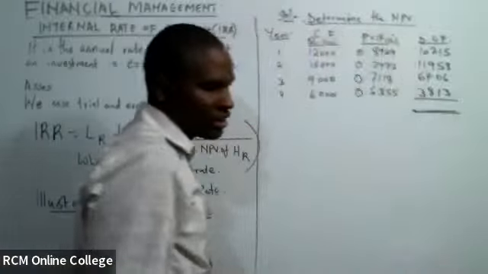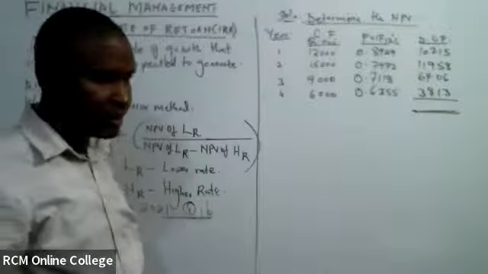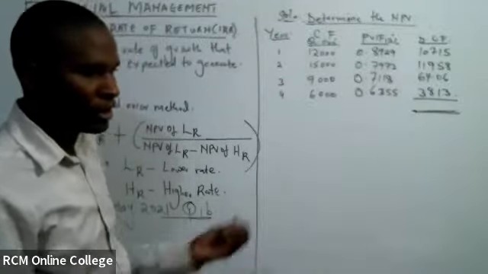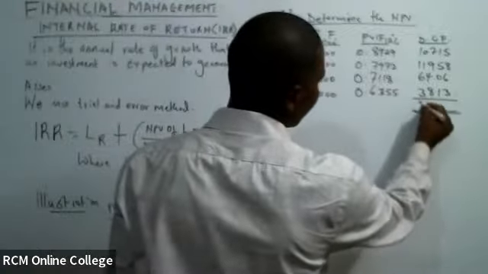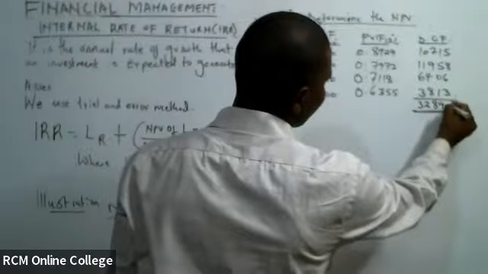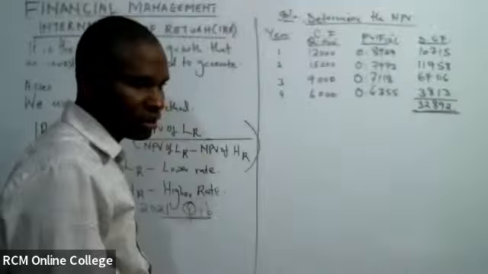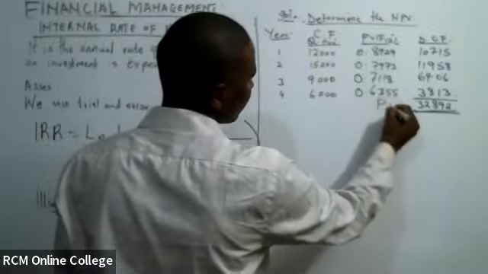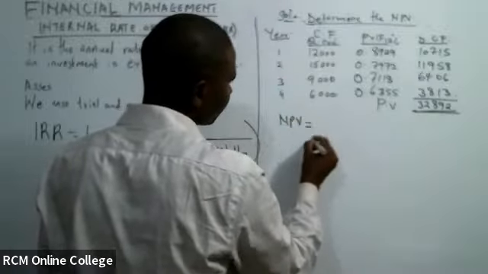Total present value, that's the key. We said speed is what we want. 32,892. Hey, that speed is amazing. Brilliant. Great. So if this is the total present value, we can get the NPV, the net present value.